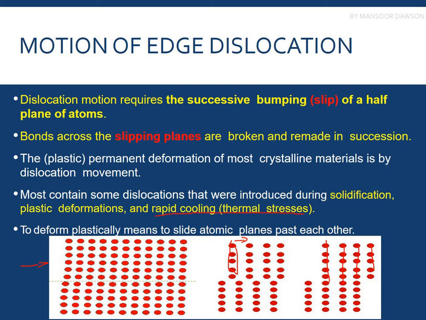That is rapid cooling; we call it quenching. It is also caused by plastic deformation when a material is being deformed at room temperature. So this is how dislocations are introduced in the material.